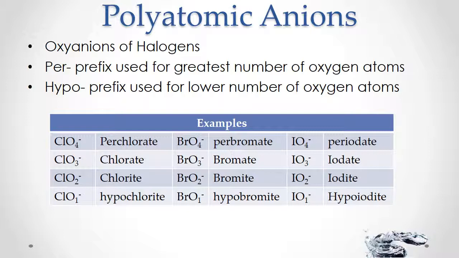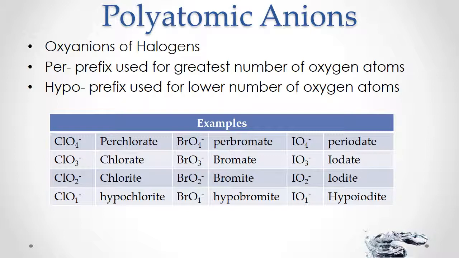So ClO4- is perchlorate. Chlorate now is only going to have 3 oxygens. Chlorite is going to have 2 oxygens on the halogen. But if we remove one more oxygen, we have the lowest number of oxygens, and we have to use the prefix hypo. So hypochlorite is going to be ClO-.